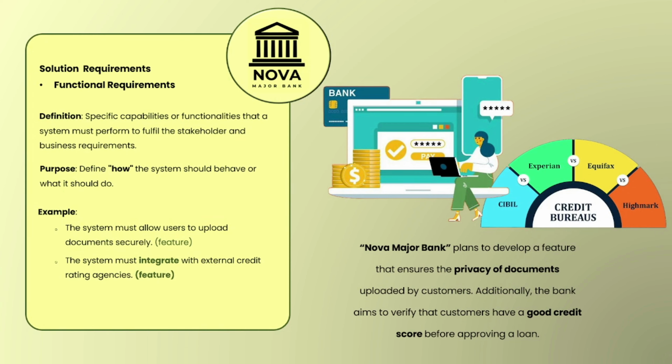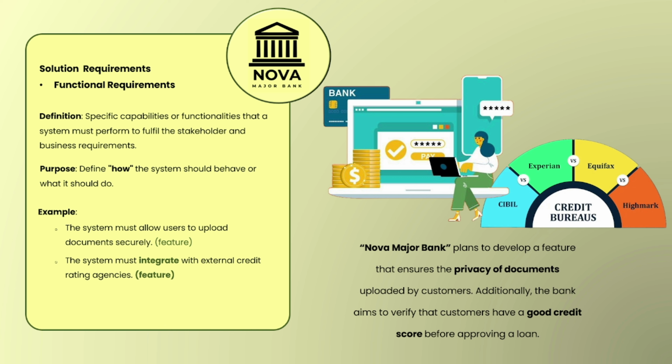Now we have arrived at the most important type of requirement, that is solution requirement. Let's start by exploring the first, functional requirement. It is defined as the specific capabilities or functionality that a system must perform to fulfill the stakeholder and business requirements.